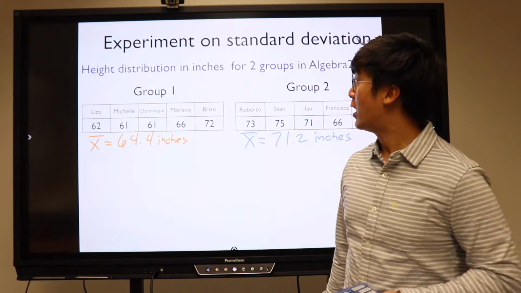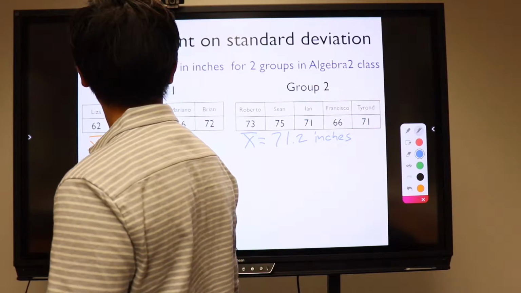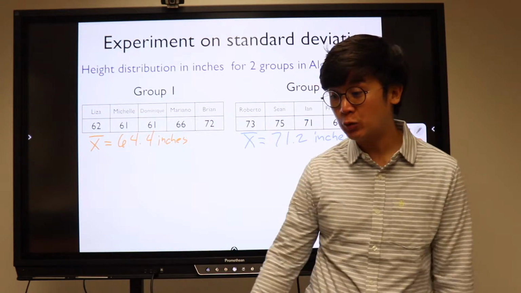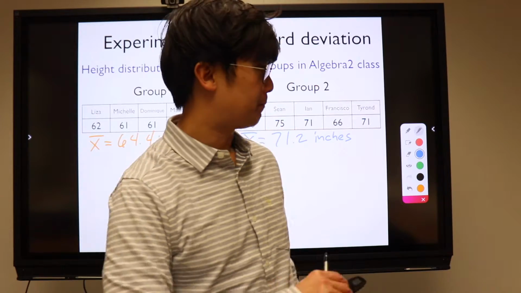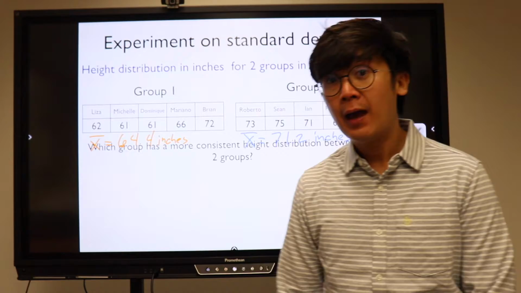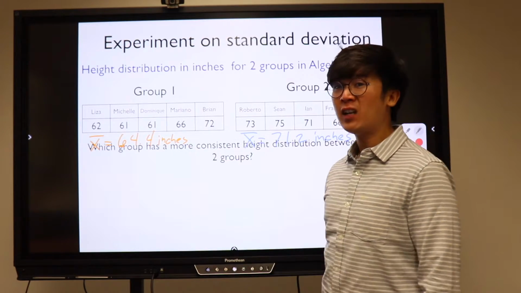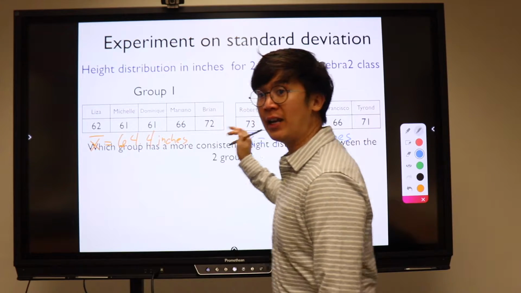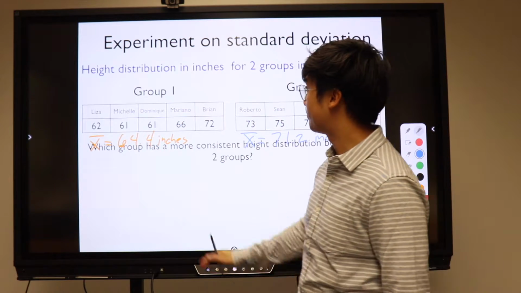But that's not what I want you to work on. I want you to check which one between the two groups has a more consistent height distribution. By just looking at the data set, I have 5 students in group 1 and 5 students in group 2.